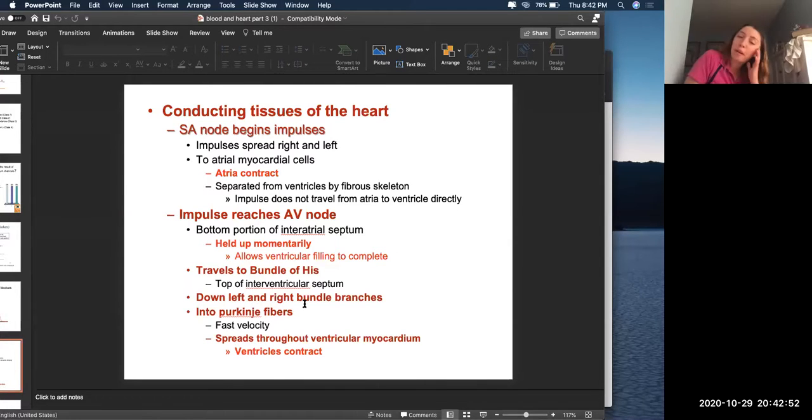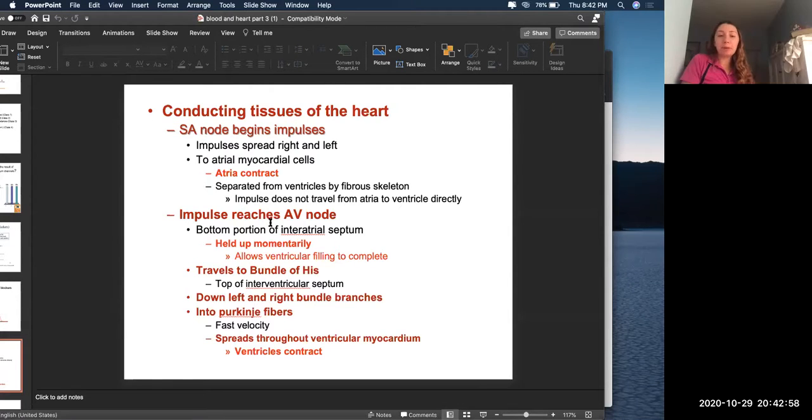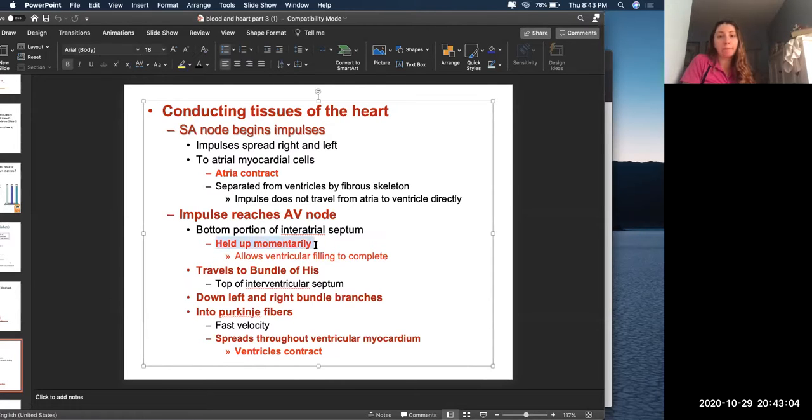So the SA node sends the impulse and then it reaches the AV node. What she said when she talked about this is that it's held up momentarily to allow for ventricular filling to complete.